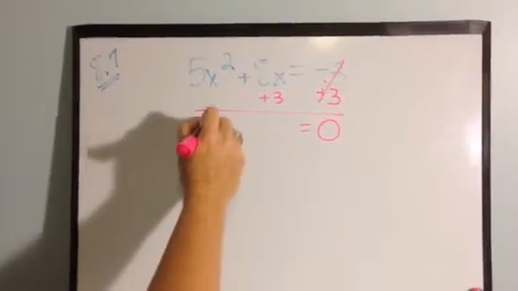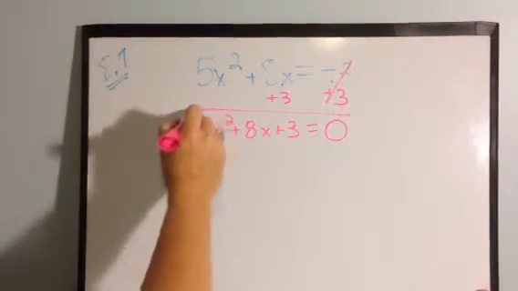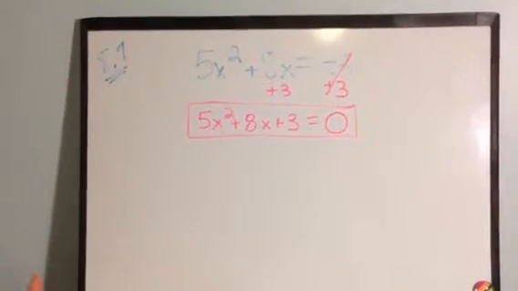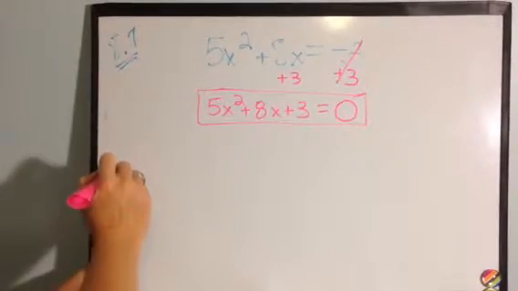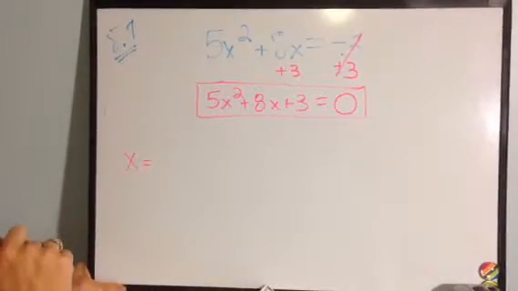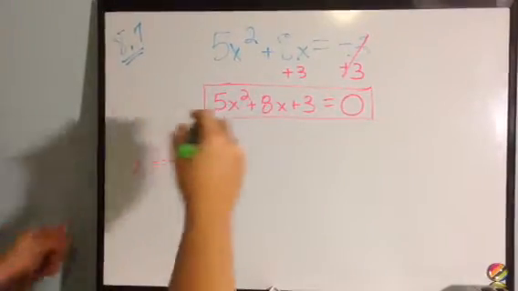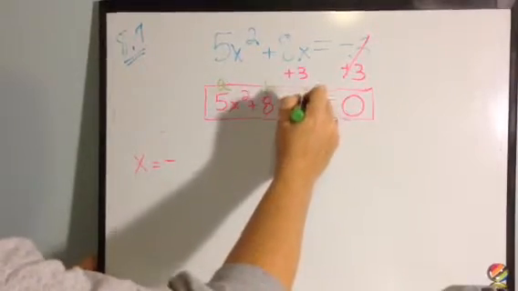So now I have 5x squared plus 8x plus 3 equaling 0. Now I have a trinomial set equal to 0, so I can plug into the quadratic formula. And again, the quadratic formula says I can find x if I have a negative b. Remember, this is my a, this is my b, and this is my c.